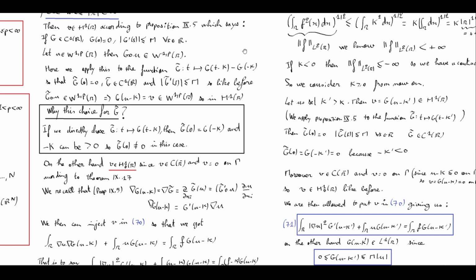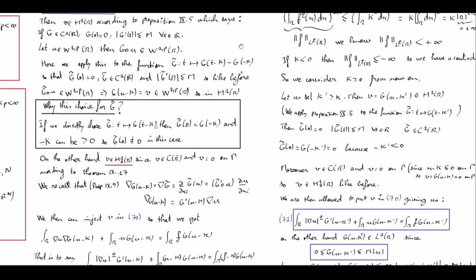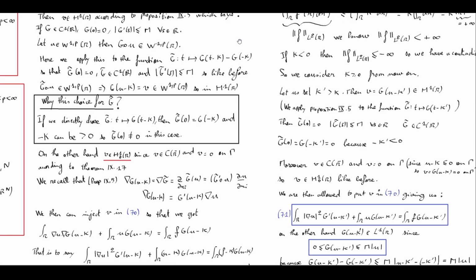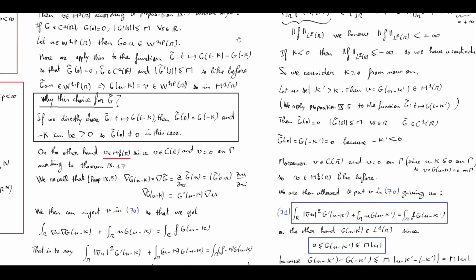So like before, g tilde composed with u will be in W1P of omega, implying therefore g of u minus k equals v in W1P of omega, because the term minus k doesn't really bring any importance in what I just said. I'm going to explain why we use this added term. So v is in H1 of omega.